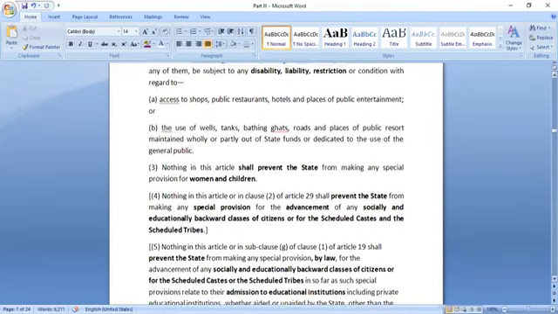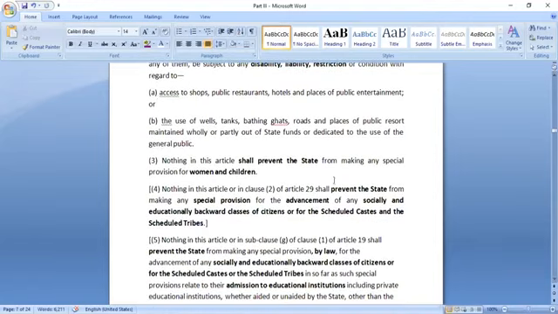And nothing in this article shall prevent the state from making any provision for women and children. This basically says that the state government or the union government is not restricted from making special provisions. They can make special laws and special schemes for protection or special treatment of women and children.